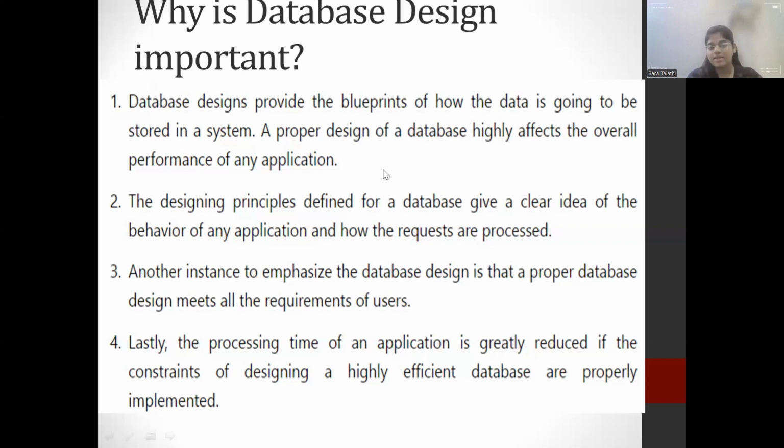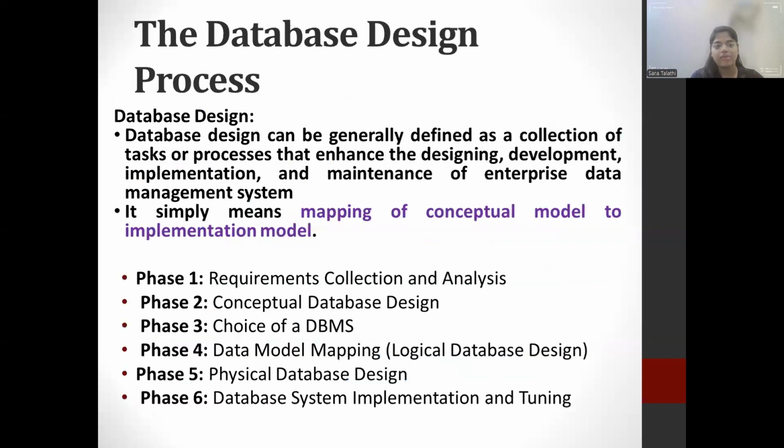Lastly, the processing time of an application is greatly reduced if the constraints of designing a highly efficient database are properly implemented. In short, it means effective database design is essential to meet the user needs, promoting usability and accessibility within the data management system, which ultimately leads to user satisfaction and efficiency.